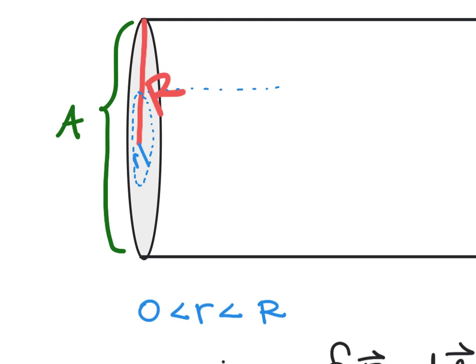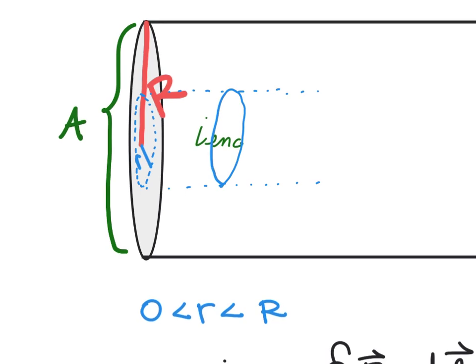Imagine it coming all the way down, going the length of our cable there, and we're only interested in the amount of current enclosed by this loop that runs around the chunk of the wire that we're interested in.